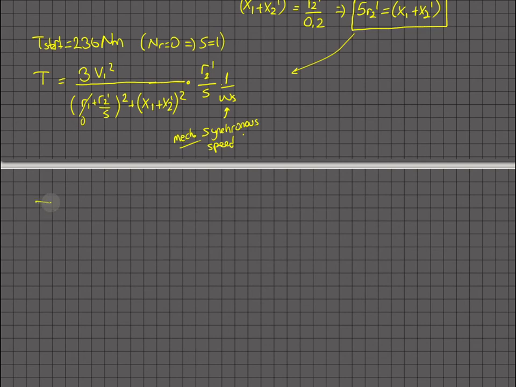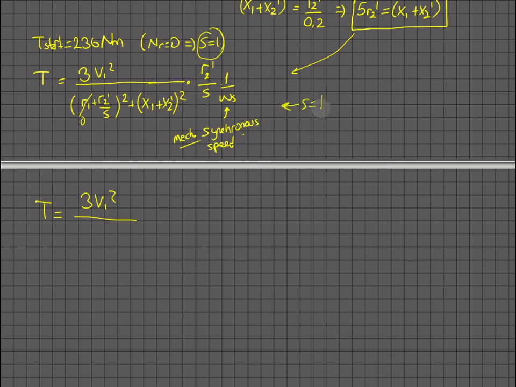So let me put that equation 3V1 squared divided by s, and in that condition the slip is equal to 1, so I will put s is equal to 1, and also I will put that value. So I have R2 prime over s is equal to 1, so this becomes R2 prime squared plus X1 plus X2 prime squared.